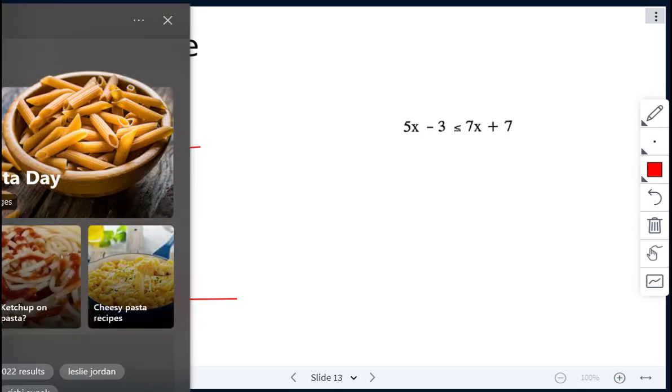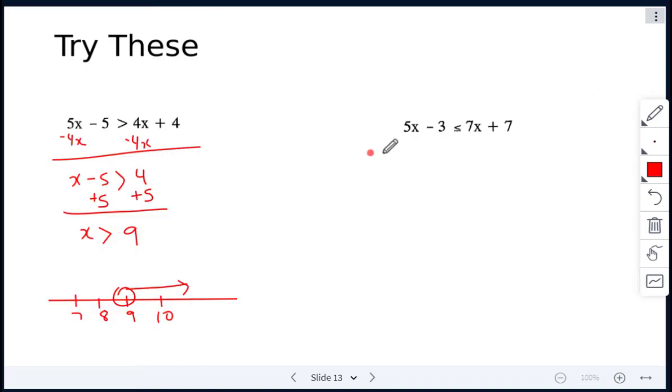All right, so here we have 5x minus 3 is less than or equal to 7x plus 7. So what we always do is we move the x to the left side. So I'm going to subtract 7x.